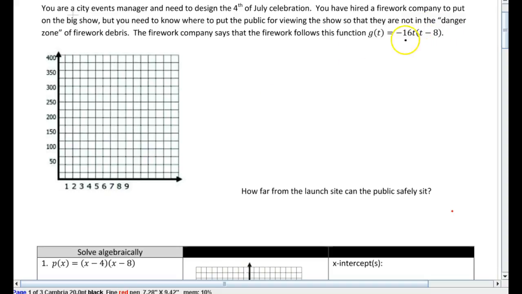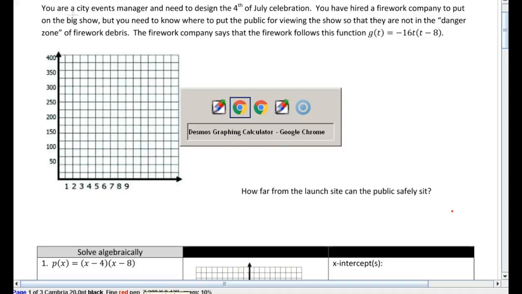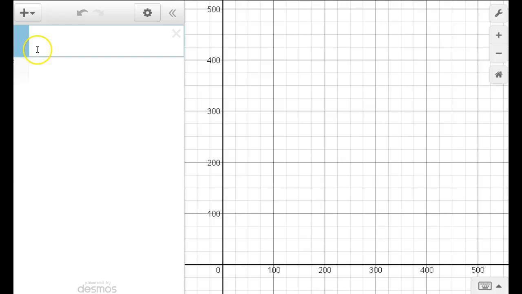So here's the idea. Let me show you on decimals real fast. Negative 16t times t minus 8. Just want to show you what that would look like on here. Oh, I forgot, it only likes x. I've got to use x times x minus 8.